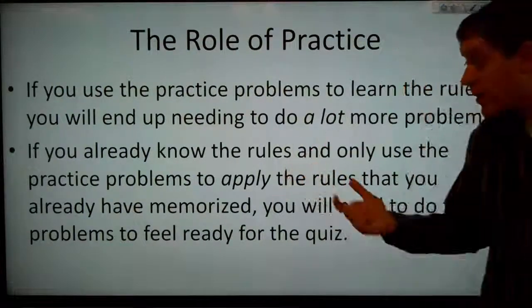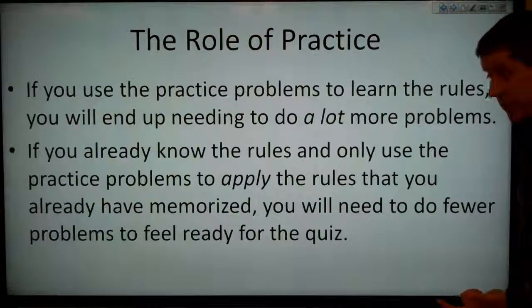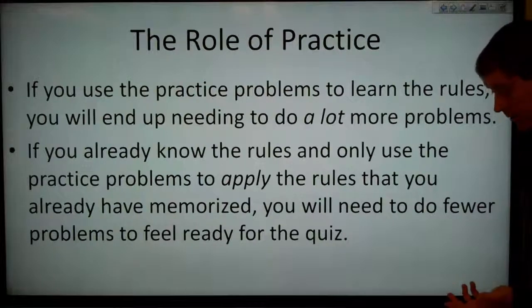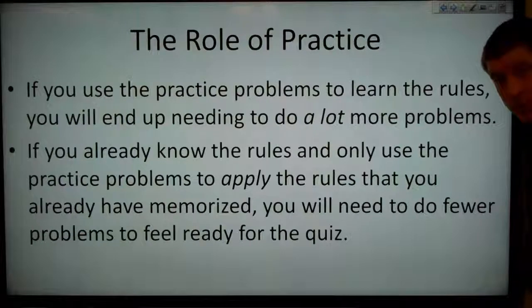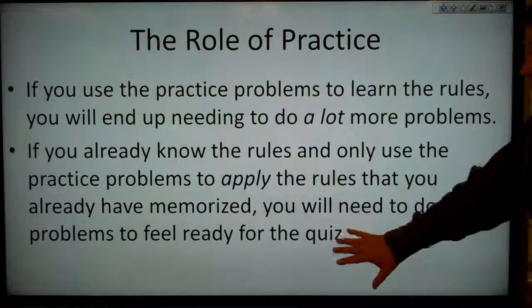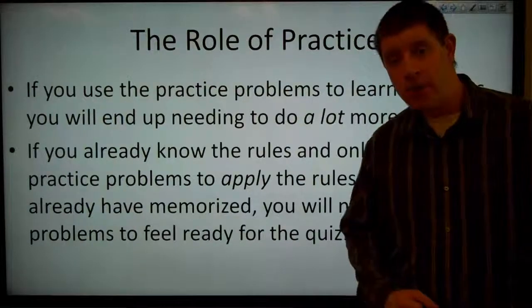On the other hand, if you already know the rules and only use the practice problems to apply the rules that you've already learned, then you'll need to do fewer of the practice problems in order to feel ready for the quiz. So that's what you should do. You should memorize the rules and then, and only then, do the practice problems.